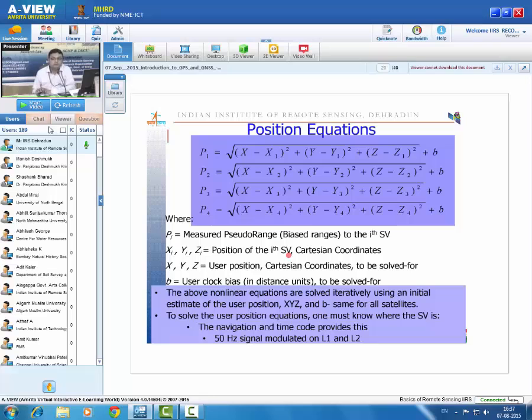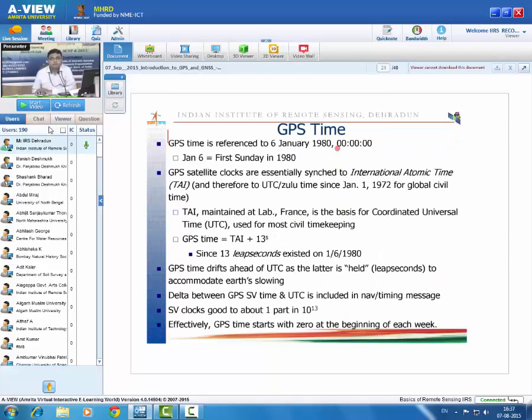So these are the two ways each satellite has been numbered. Along with the signal which we are receiving, a 50 Hz signal which is modulated on L1 and L2 carrier waves, which actually have the navigation data and the timing information. This also we will see in detail.